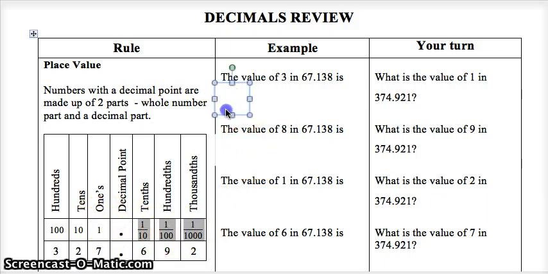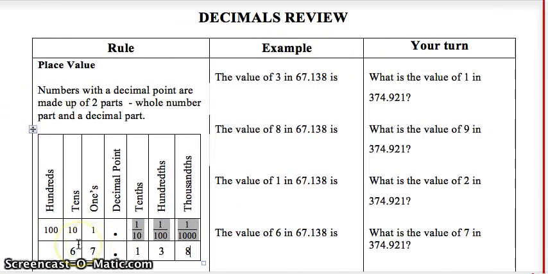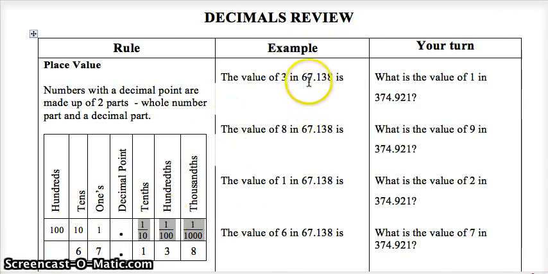Okay, the type of question that you might get might be something like this. What is the value of the 3 in 67.138? Now I'm going to come back down here and I'm going to put my 67.138 down here. Now, obviously you won't always have a table like this that you can use, but if we look at this, we can see that the 6 is in the tens column because it's 60.